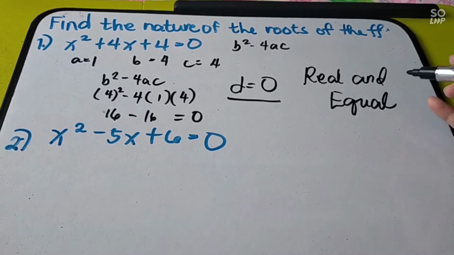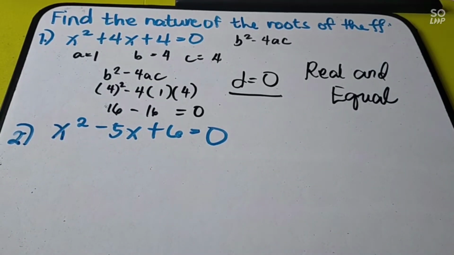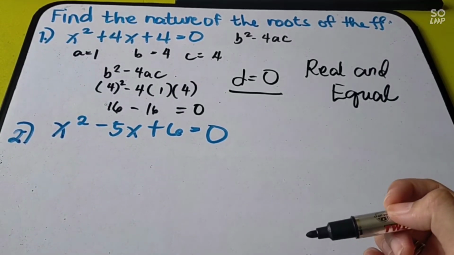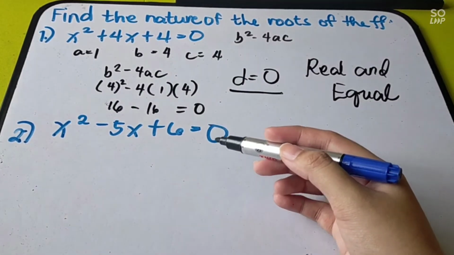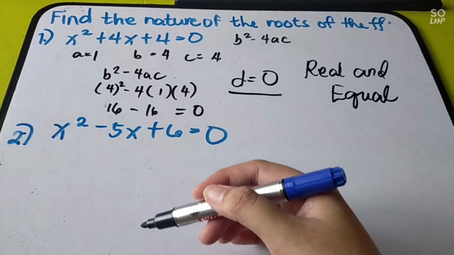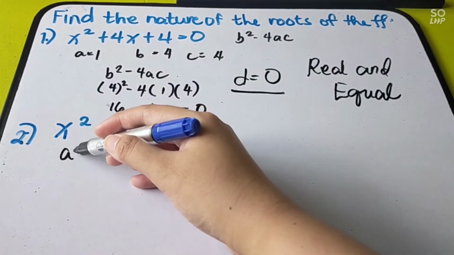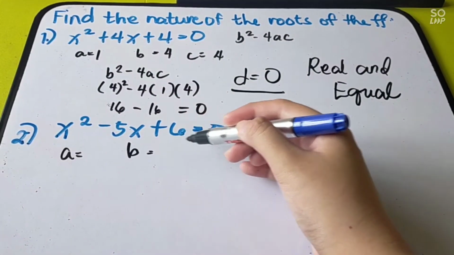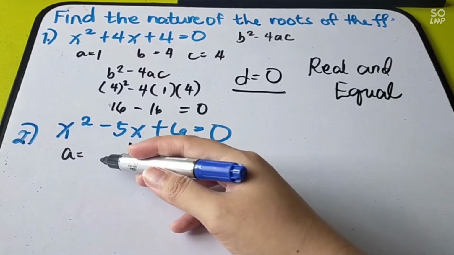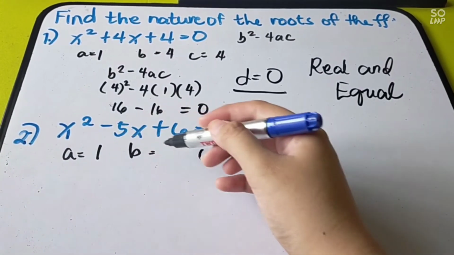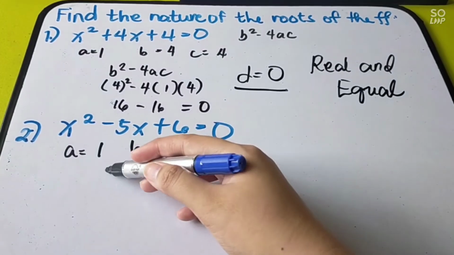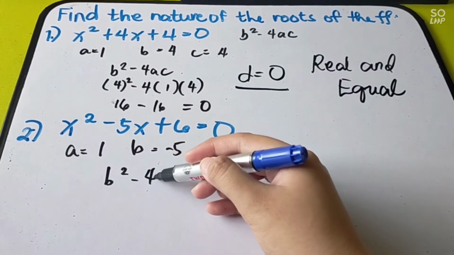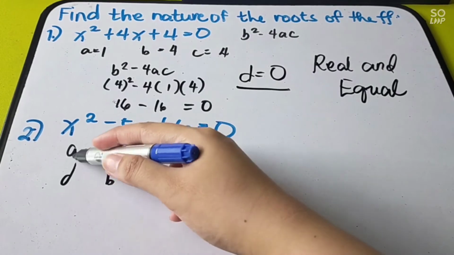Ganun lang kasimple. Alright? Next tayo, let us have number 2. X squared minus 5x plus 6 is equals to 0. So, let us have your a, your b, and your c. Your a is 1, your b is negative 5, your c is positive 6. So, we have here b squared minus 4ac, d.